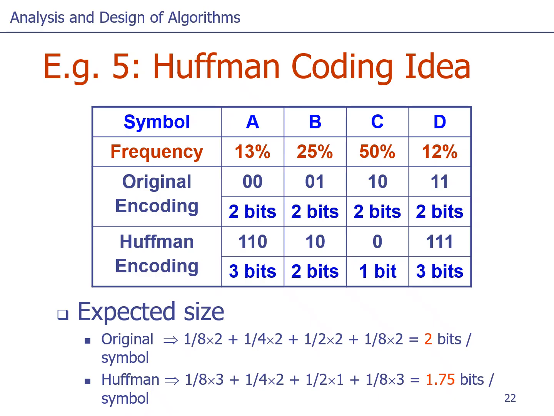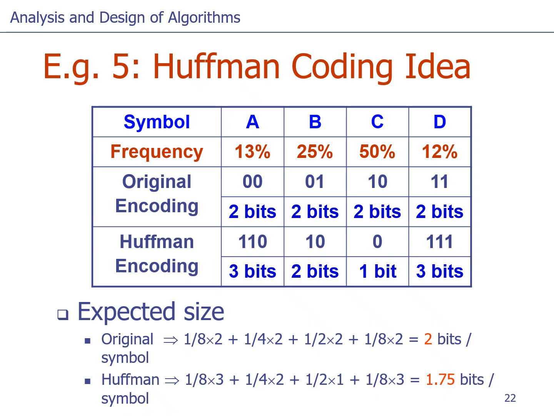Okay? For the original symbols encoding, I'm going to use on average 2 bits per symbol. Now, for the Huffman encoding, the number of bits used on average is going to be reduced by 0.25.